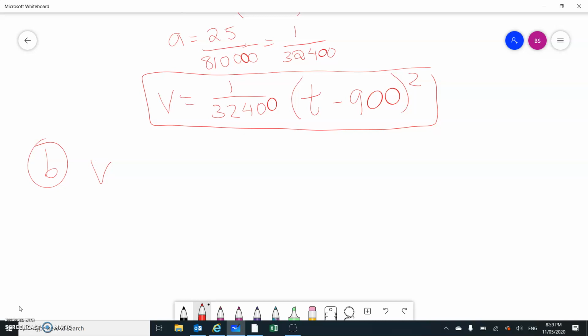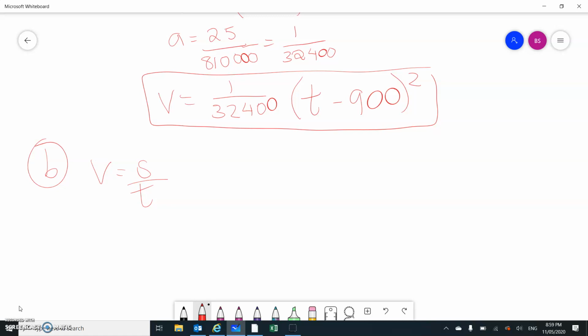So in other words, we have s divided by time. Velocity is meters per second, so velocity equals s divided by t.